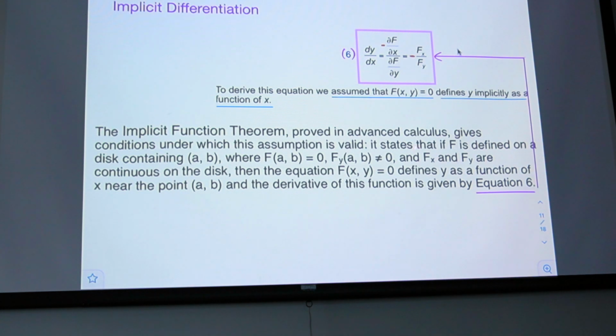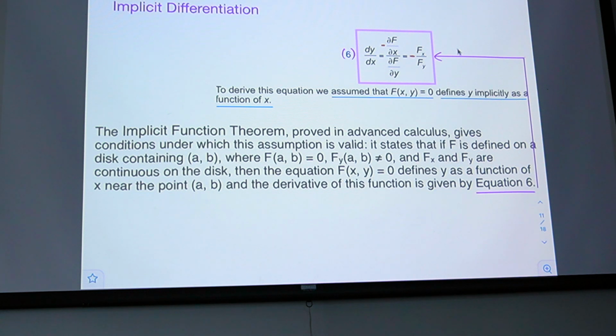And partial fx and partial fy are continuous on the disk. So the partial derivatives are continuous on the disk containing this (a, b). Then this equation F(x, y) equals 0 defines y as a function of x near the point (a, b), and the derivative of the function is given by this.